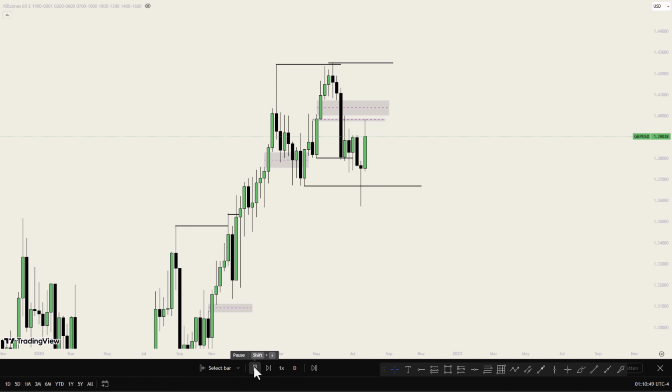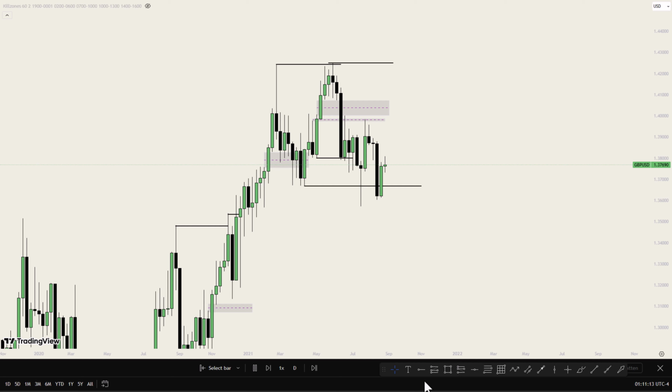So price has a retest of the inverted fair value gap. Price is respecting it. So let's see. What do we see, guys?